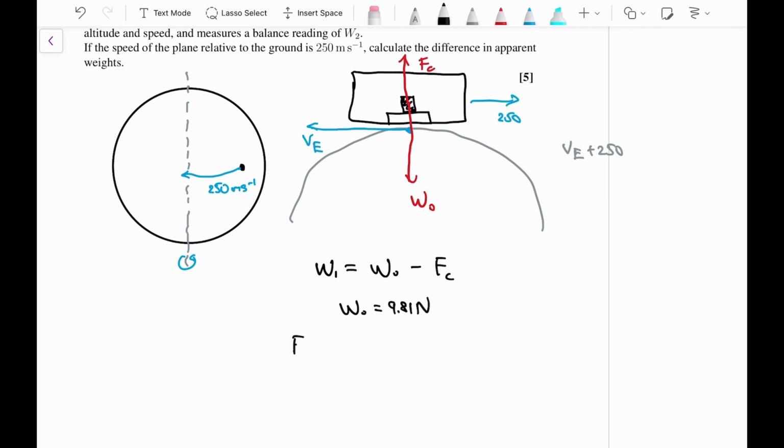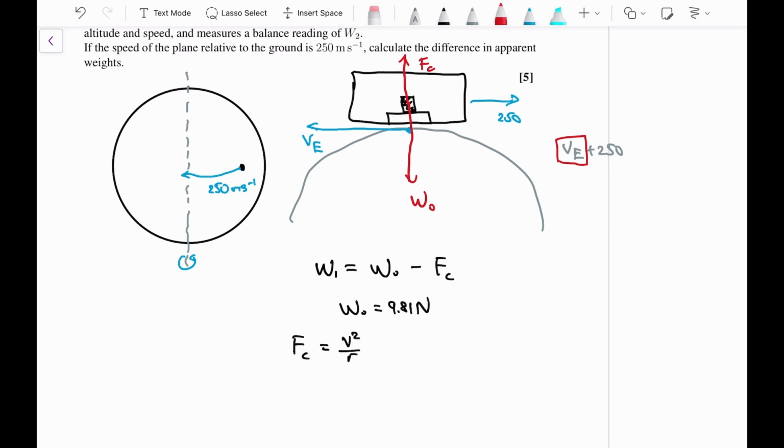Now for FC, in order to resolve for FC, we have to consider two effects: the effect of the plane traveling by itself and the spinning of the Earth. The equation we can use is v squared over r. If we do it completely in this way, then we have to resolve for VE, which will be a rather unnecessary process.